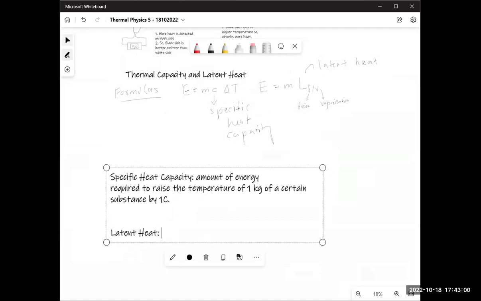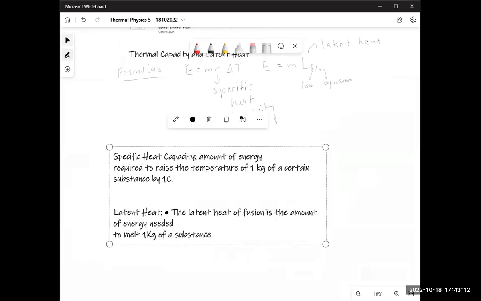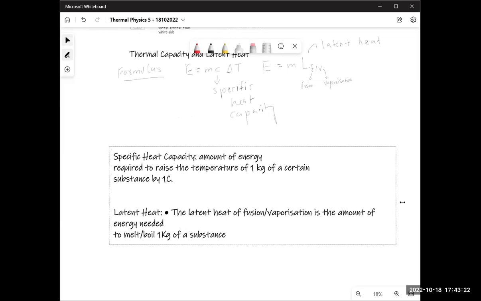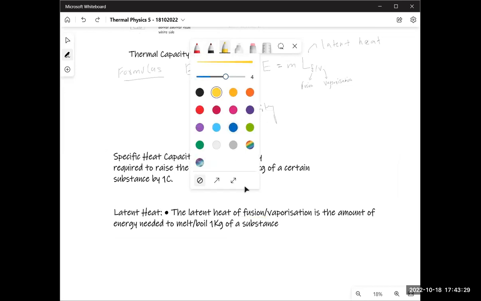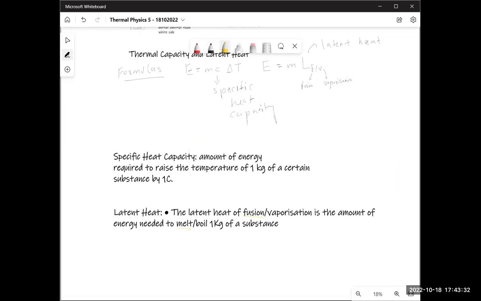And what is latent heat? Latent heat is, I'll tell you. Fusion or vaporization. There are two types. Energy required to melt or boil. Now you need to realize over here what's happening is the fusion, this one, fusion goes with melt, and the other one, vaporization, goes with boil.